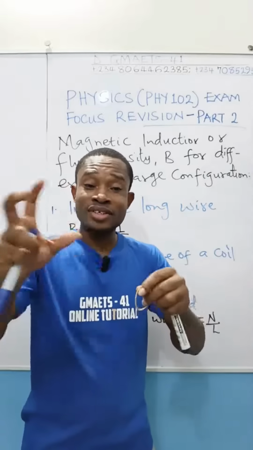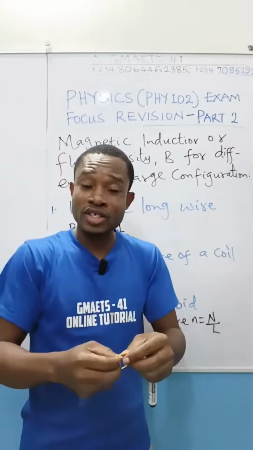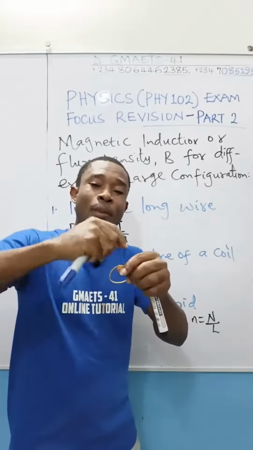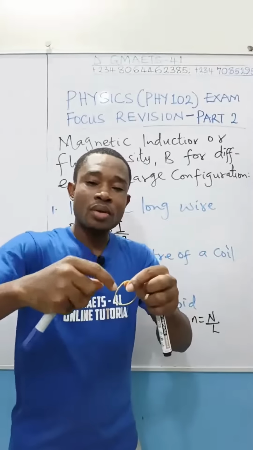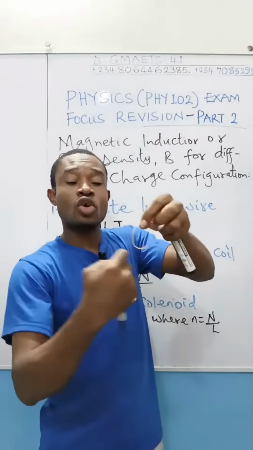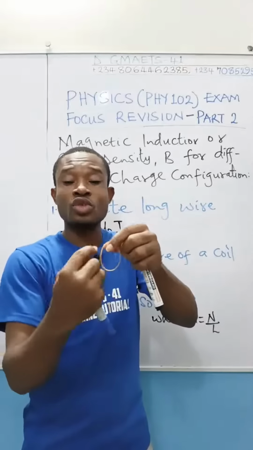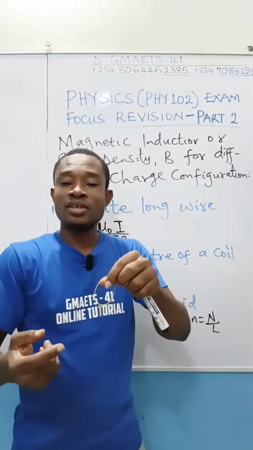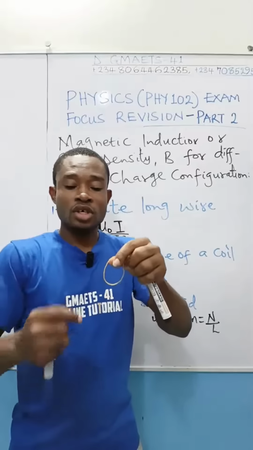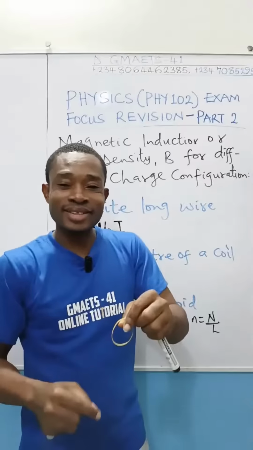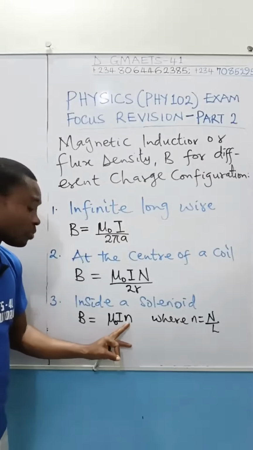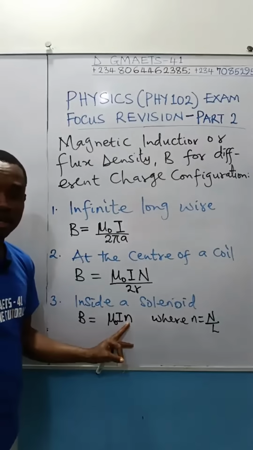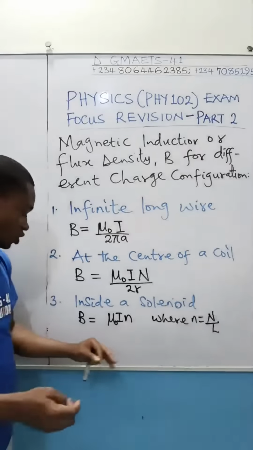You would see diagrams of coils and solenoids. So the number of turns per unit length along the length of this coil could be given to you as the circumference of that charge configuration. The number of turns per unit length is what we represent with this small letter n. So you take note of that quantity.